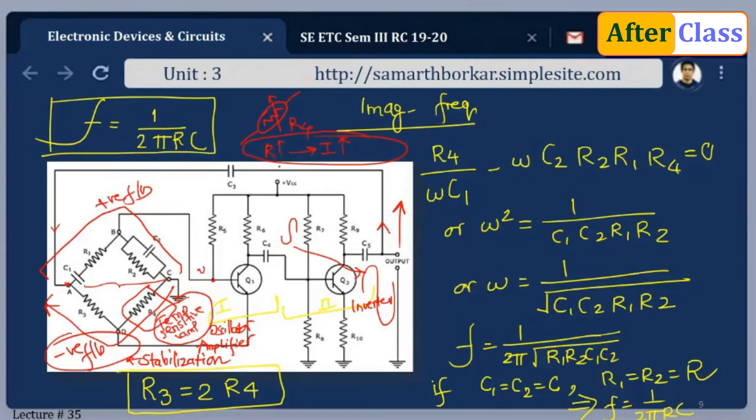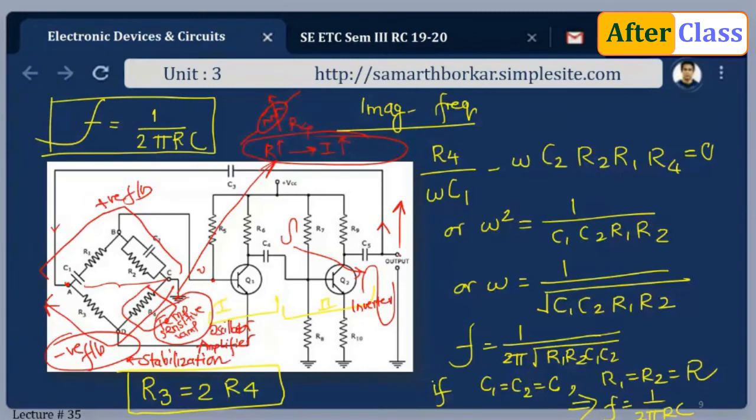Whose resistance increases with the increase in current. Current is a function of your output voltage because we are providing a feedback. So in case your amplitude of the output tends to increase, then more current would provide more negative feedback. How?